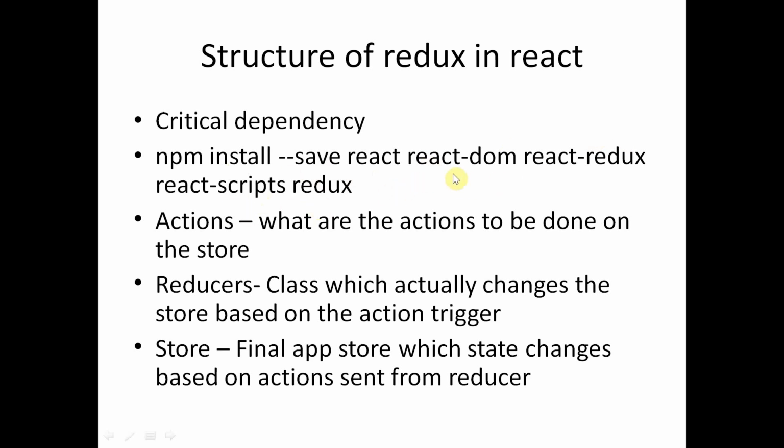Then what else do you need? You'll have to create an action. Actions are nothing but pure functions. Then the reducer: reducers will take your action, check what you want to do, and as per the payload assign the value to the store and return it. Finally, the store is your app store, whose state changes based on actions sent through the reducer.